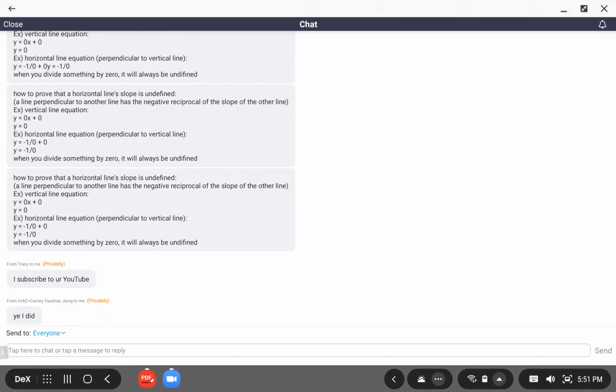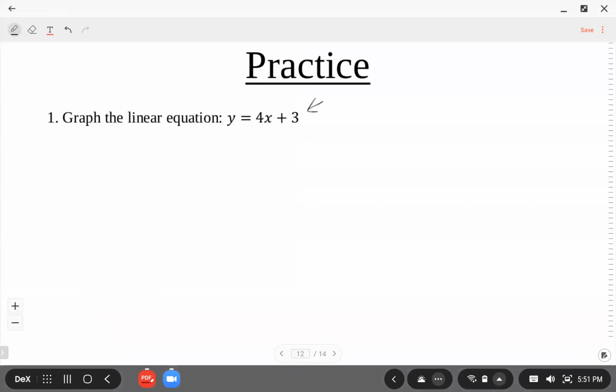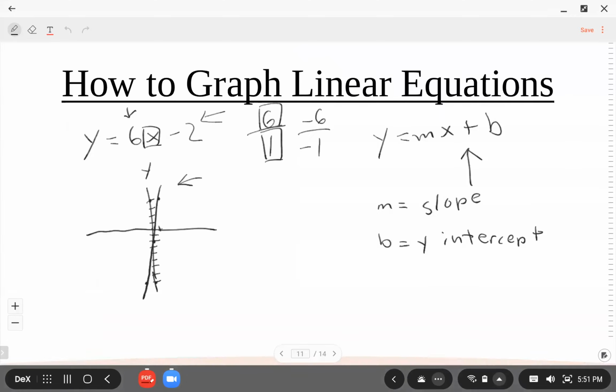Okay, so also, I forgot to say this. When you're putting your answer in the chat box, you can't literally graph a line in the chat box. It'd be pretty weird if you did. But please put the 3 points, okay? Remember, when I was graphing this line, I had 3 points.